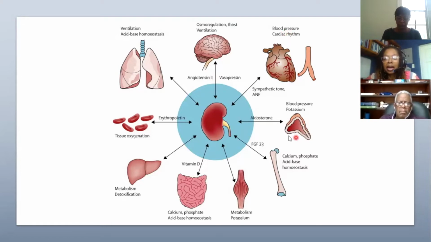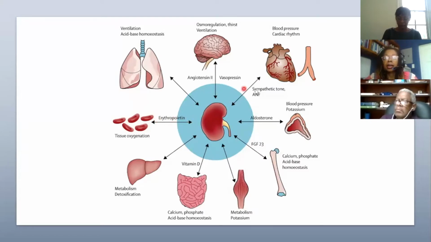The adrenal glands and your bones have an impact on your calcium and your phosphate metabolism. The muscles similarly interact with your gut. It's very important to interact with your bowels to get that vitamin D absorption and also the calcium metabolism. It interacts with your liver and is very essential in the production of red blood cells.